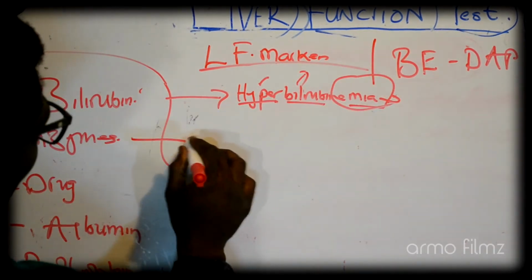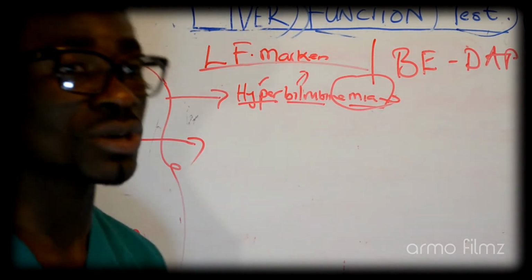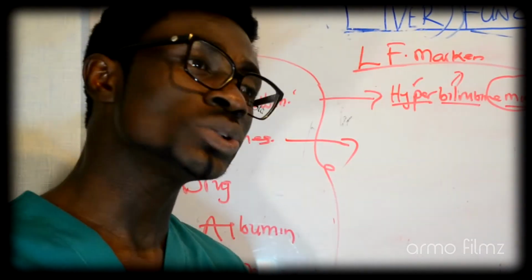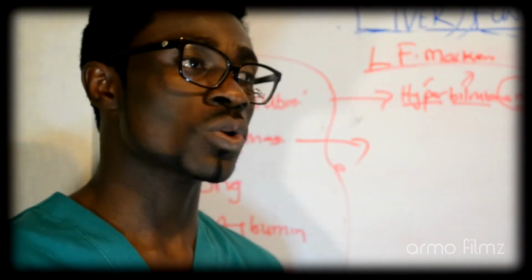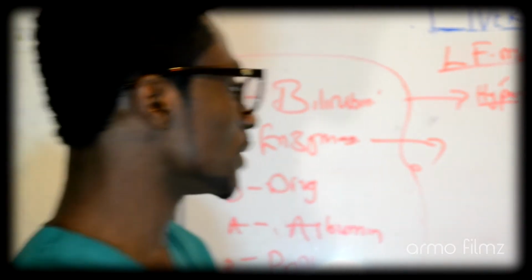So coming to enzymes, what do you see in enzymes? You know that there are certain enzymes which are exclusively synthesized or found in the liver. You understand what I'm saying?